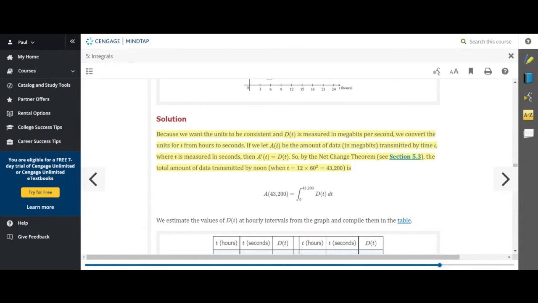So the area that we want to find is the integral of the d function with respect to t, where t goes from 0 to 43,200 seconds. Is that okay so far?